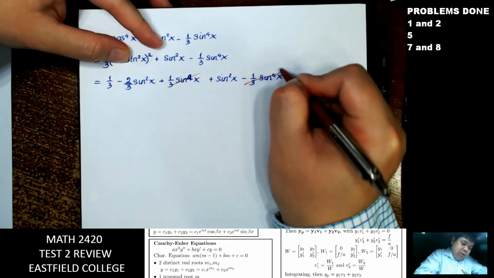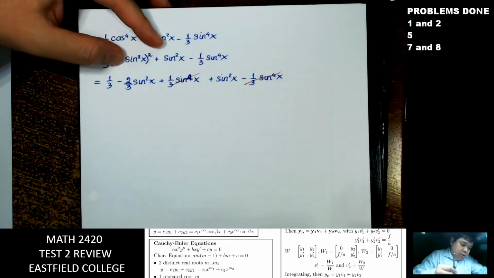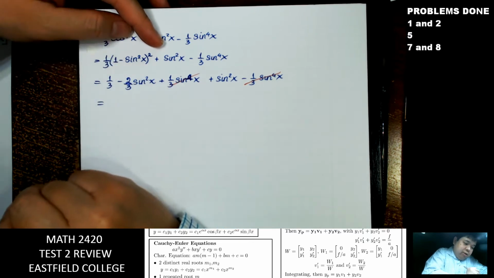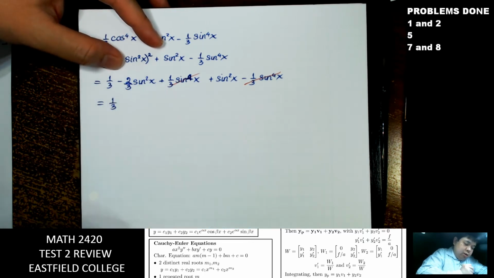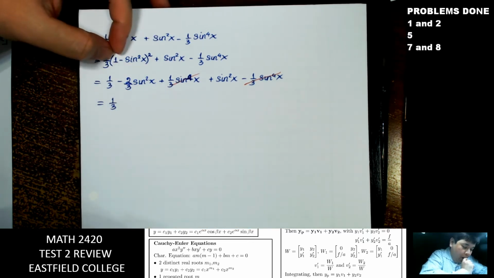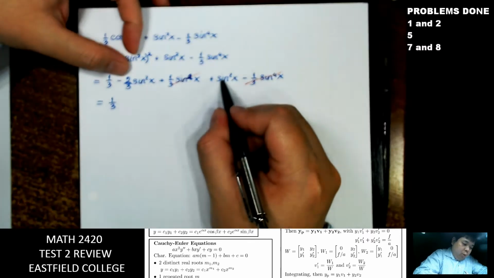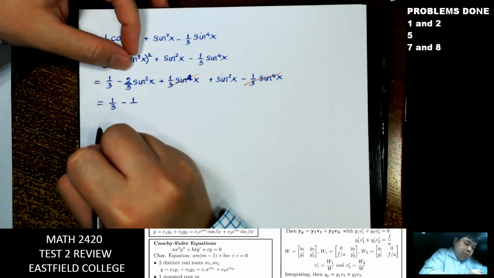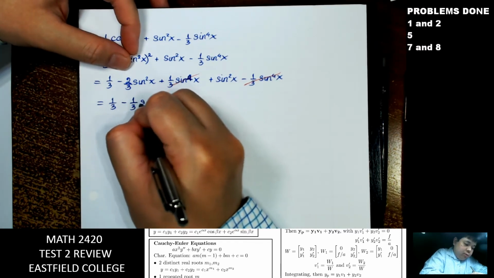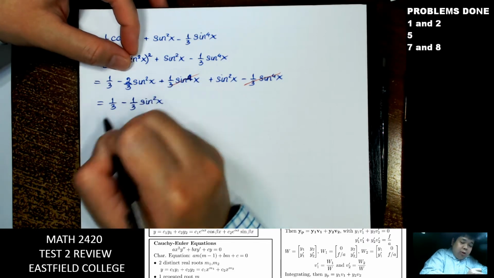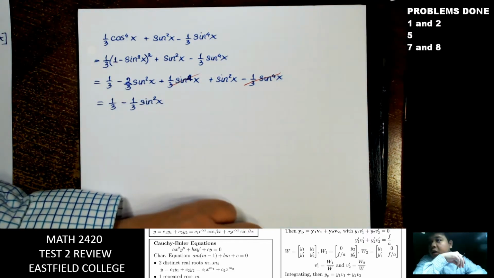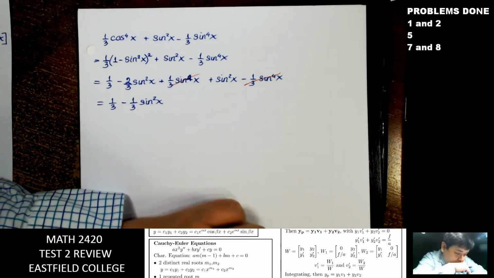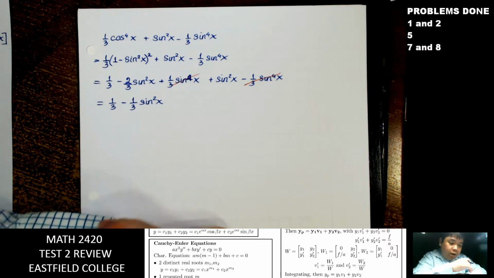Those cancel out, and we have 1/3 times 1, that will be minus 1/3. Right, we have that. Right.